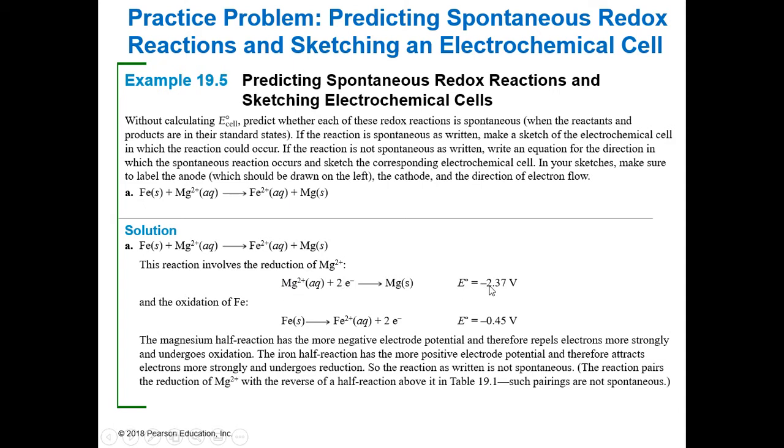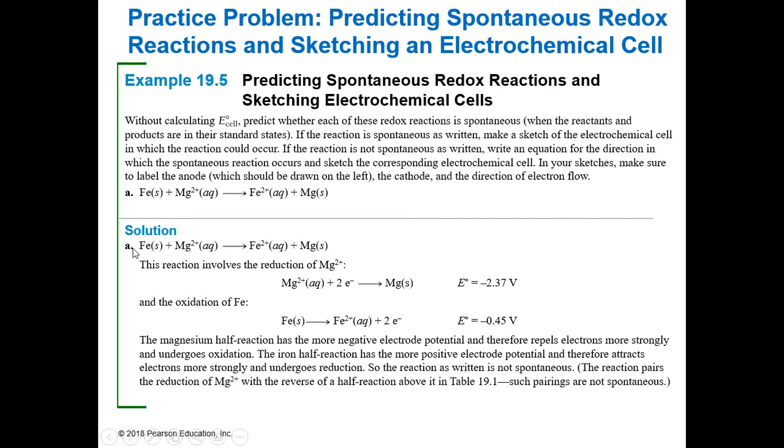Well, it was a negative 2.37 volts, whereas the iron was a negative 0.45 volts. So this one is more negative. We wanted the more negative one to be the oxidation reaction. So therefore, this reaction is not spontaneous. We would want the more positive one to be the reduction. And the more positive one here ends up being our iron.